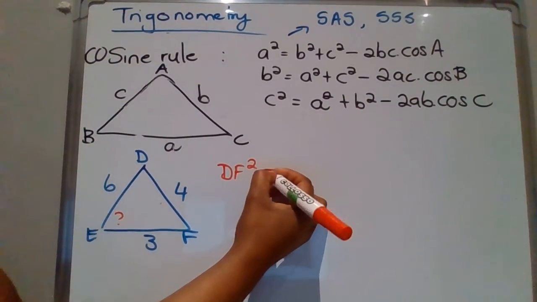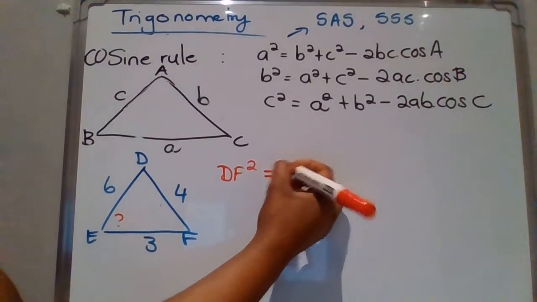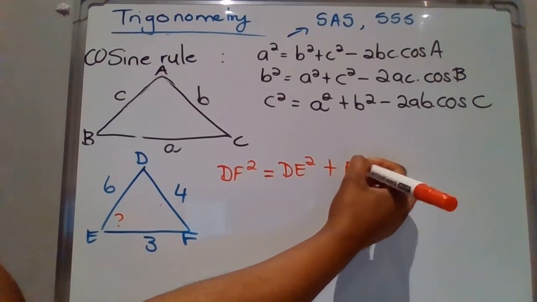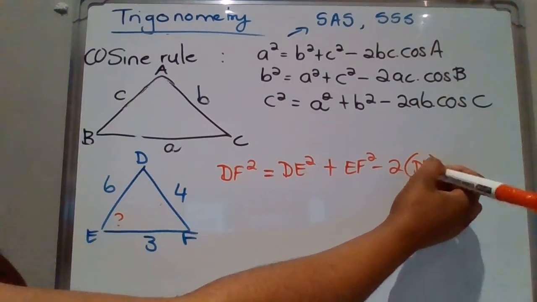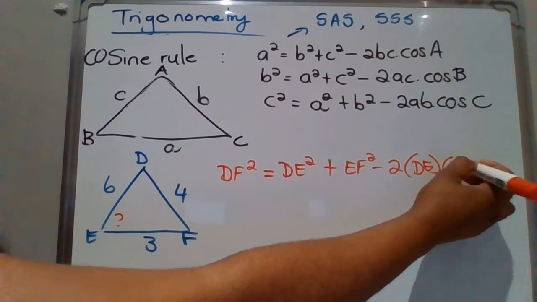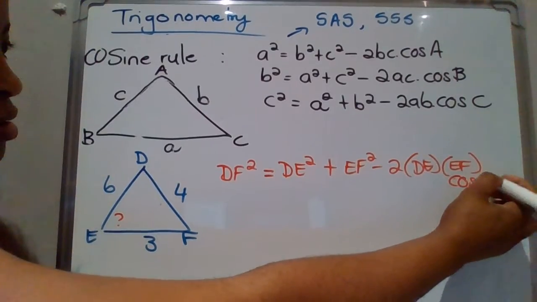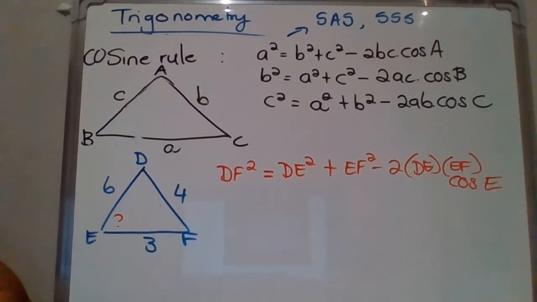So DF squared is equal to the remaining two sides, DE squared plus EF squared minus 2 times DE times EF cos E, because that's what we're looking for. We want to solve for cos E.